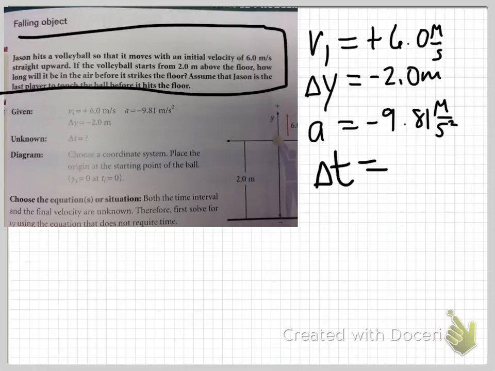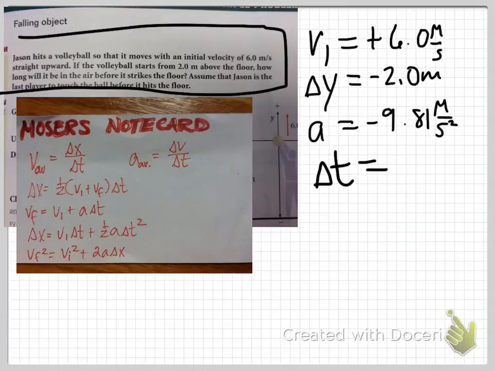Now, have I mentioned yet, I think, for the 100th time, that there are probably 6 ways to solve every physics problem? 5 of them will give you answers, and 2 or 3 of them will give you correct answers. There are multiple ways to solve this, and if you grab your note card, do we have any equation that ties these 4 variables together? Yep. And we would, of course, say it was delta y equals vi delta t plus 1/2 a delta t squared. There's a problem there.